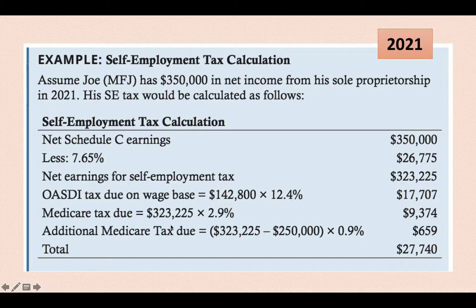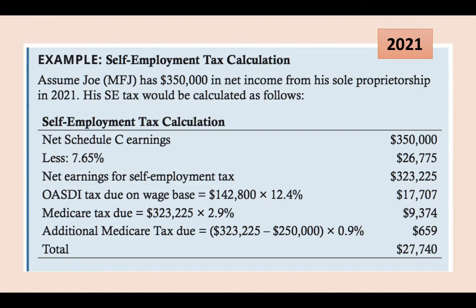However, because your net earning for self-employment is greater than $250,000, which is the threshold for married filing jointly, anything above this is subject to additional Medicare tax, which is 0.9%, or $659. You add these three together, and this will give you a total of $29,740. So this is just on paper, how you calculate the self-employment tax, right?